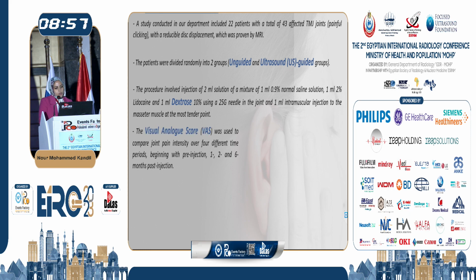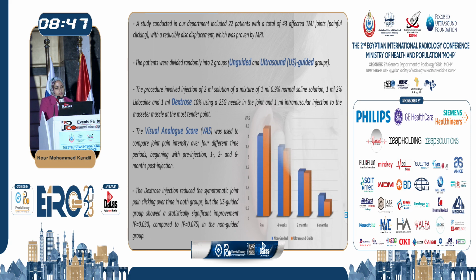The visual analog score was used to compare joint pain intensity over different time periods, beginning with the pre-injection, then 1, 2, and 6 months post-injection. The dextrose injection reduced the symptomatic pain and clicking over time in both groups, but the ultrasound-guided group showed a statistically significant improvement compared to the non-guided group.